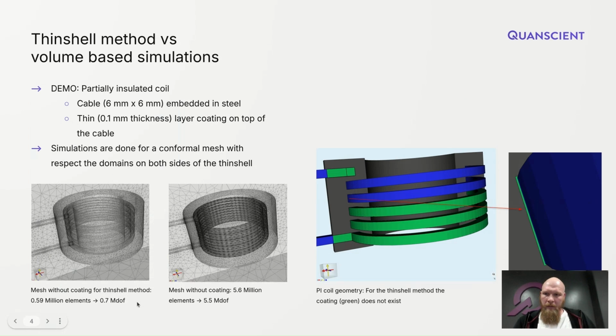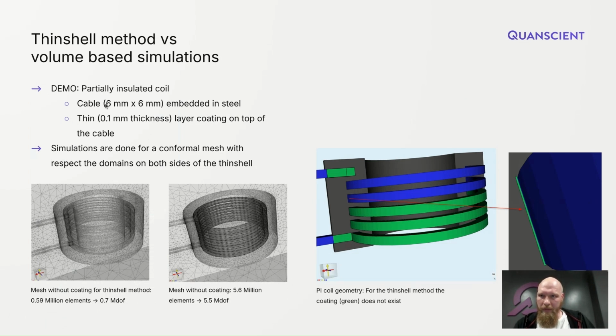And when solving the problem, it resulted in 0.7 million unknowns for the thin cell method, whereas we had 5.5 million unknowns for the volume-based approach.